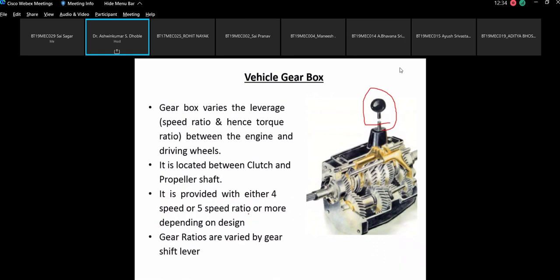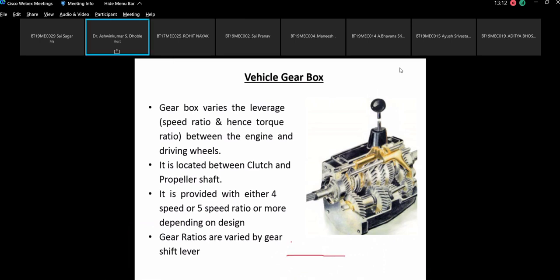Usually you can have the first, second, third and fourth gears. Can you tell me the location of the first, second and third gears? Suppose on the top of this lever the gear configuration is given. If I draw it like this, let us say this is the neutral line.